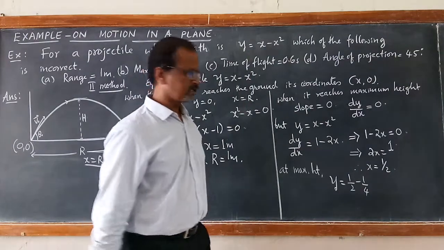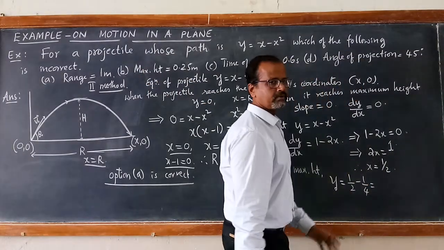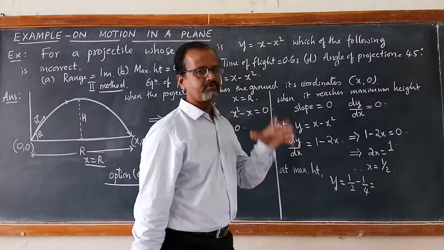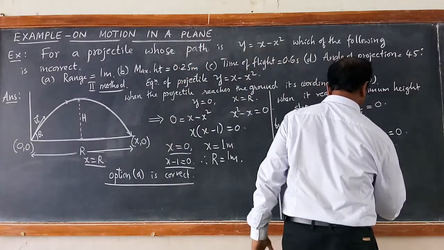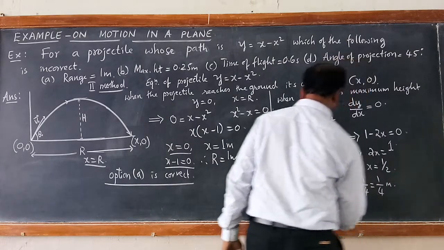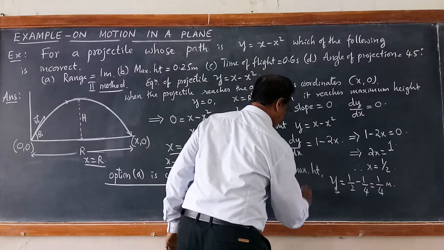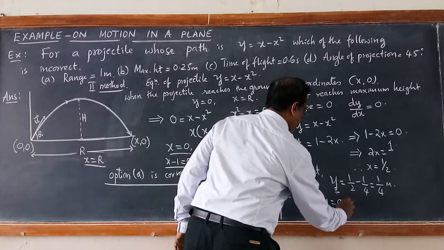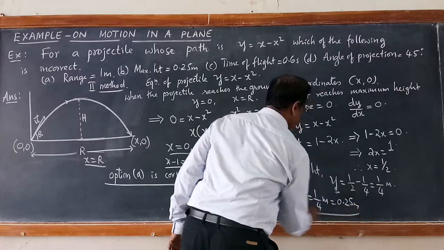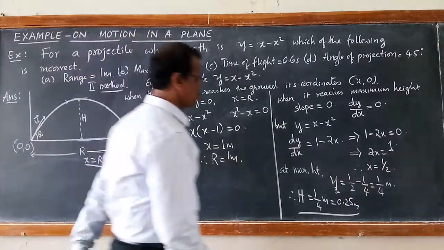Half square becomes 1 by 4, so it becomes half minus 1 by 4, which is 1 by 4 meter. Therefore, this y itself is the maximum height. Height is equal to 1 by 4 meter, that is equal to 0.25 meter. So option B is also right.